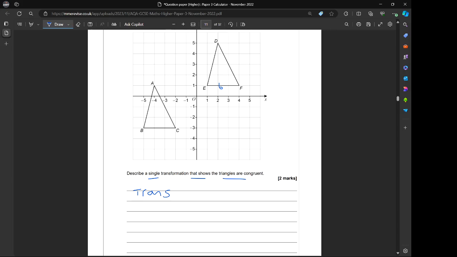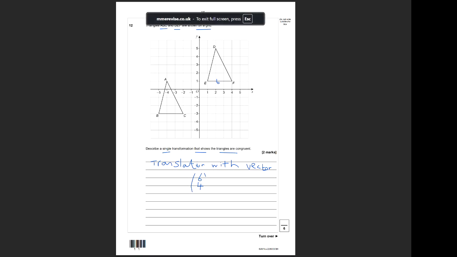With vector 6, 4. So they're congruent because it's the same sized shape. So it's vector 6, 4. Sorry about my handwriting, guys. So that is my answer for question 12.